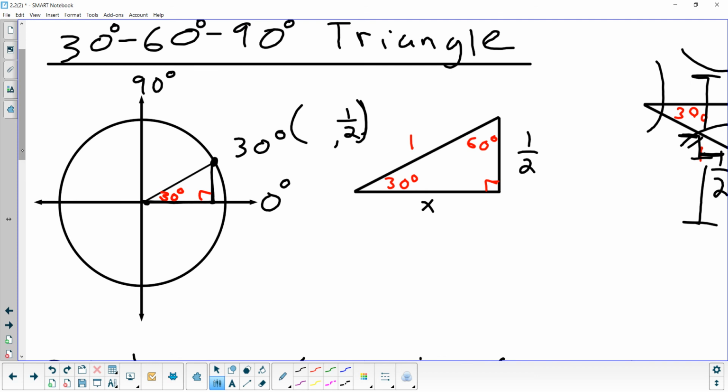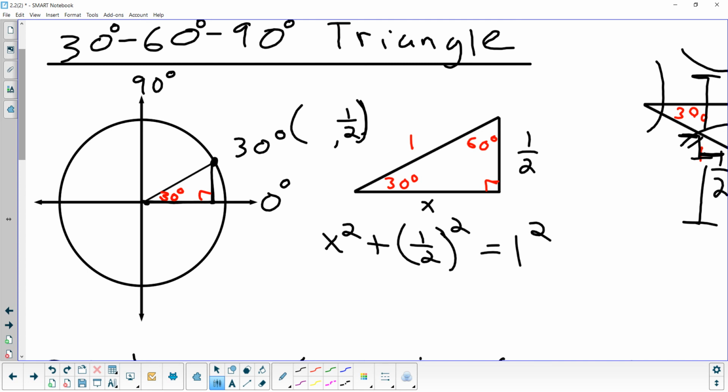Okay, so let's set up Pythagorean Theorem with this. How about, Jacob, could you tell me, using this triangle, how I could set up Pythagorean Theorem? x squared plus 1/2 squared. Yep, perfect. Equals 1 squared.